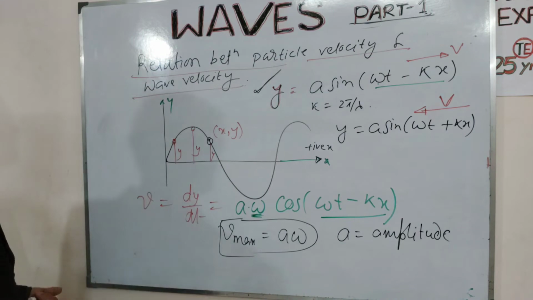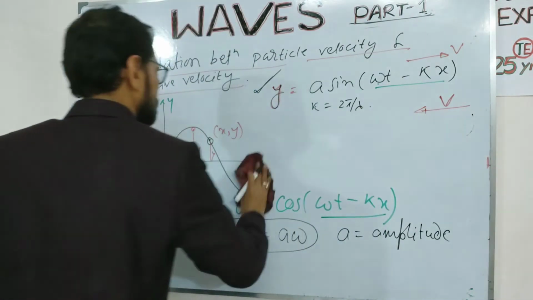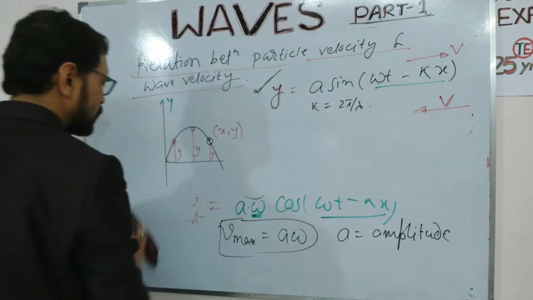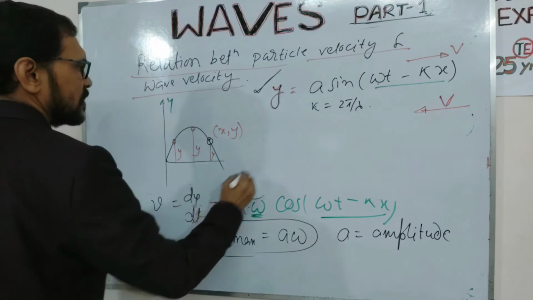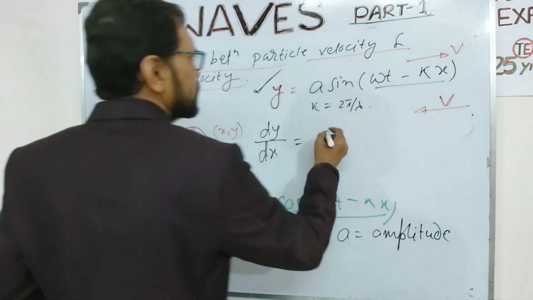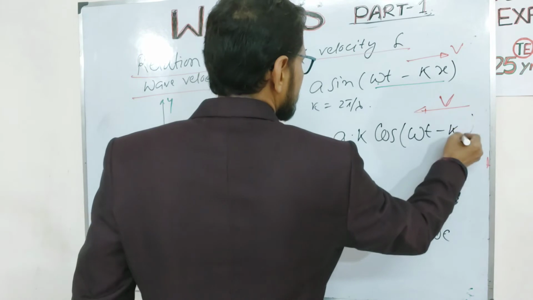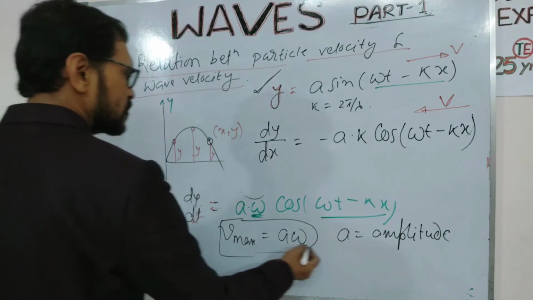Now we have to find dy/dx. This is the velocity of the particle, v = dy/dt = aω cos(ωt − kx). Now if we differentiate with respect to x, dy/dx, what happens? dy/dx = −ak cos(ωt − kx).